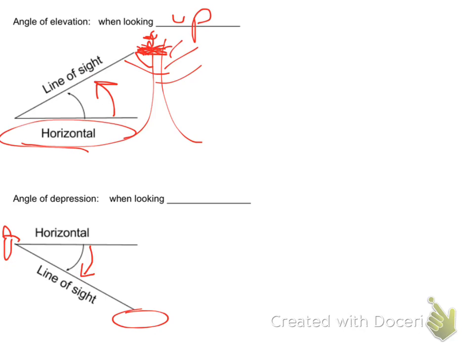You're looking down, so it's called the angle of depression. So you are going down, depression, and you'd have your theta there. Theta is your angle. Theta would be in both of those from the ground to your line of sight. So you're looking down or looking up.